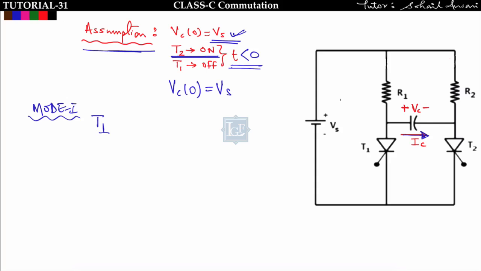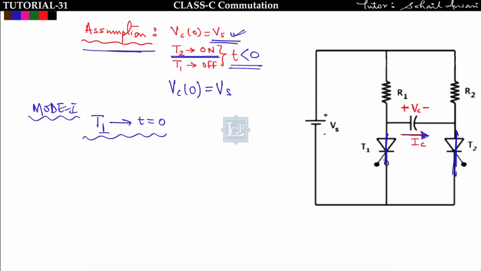So T2 is conducting for t less than 0. Now I have to turn off thyristor T2. To do that, I am triggering T1 at t equal to 0.